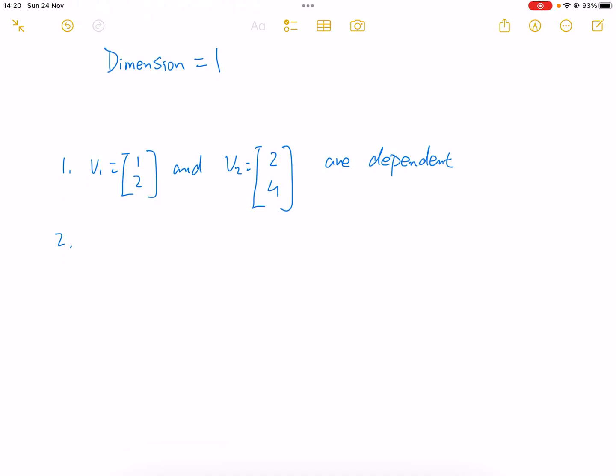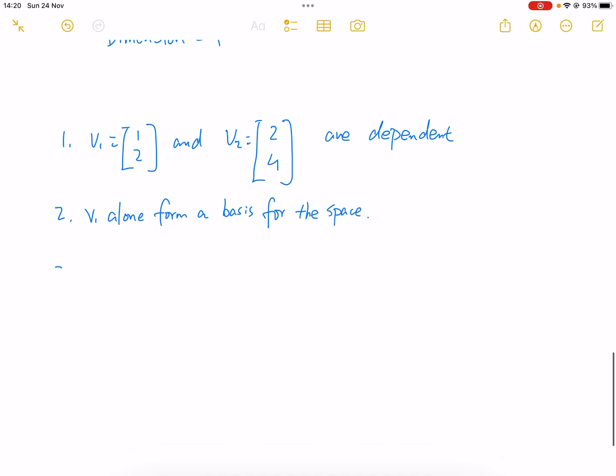And we found that v1 alone forms a basis for the space. And the dimension of this space is 1.